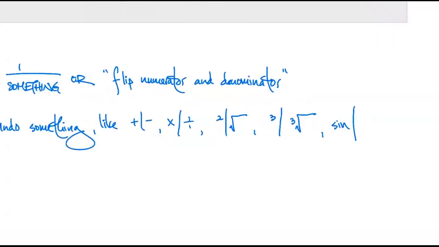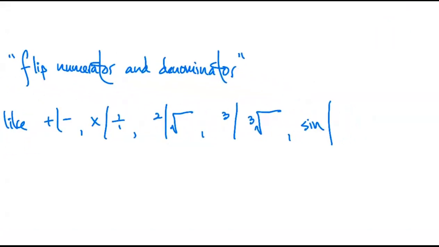It is sine with a -1. What's another way of writing that? Because depending on who you had or what textbook you had, there's actually another way to write sine with the -1. Yes, arc sine. Yes.